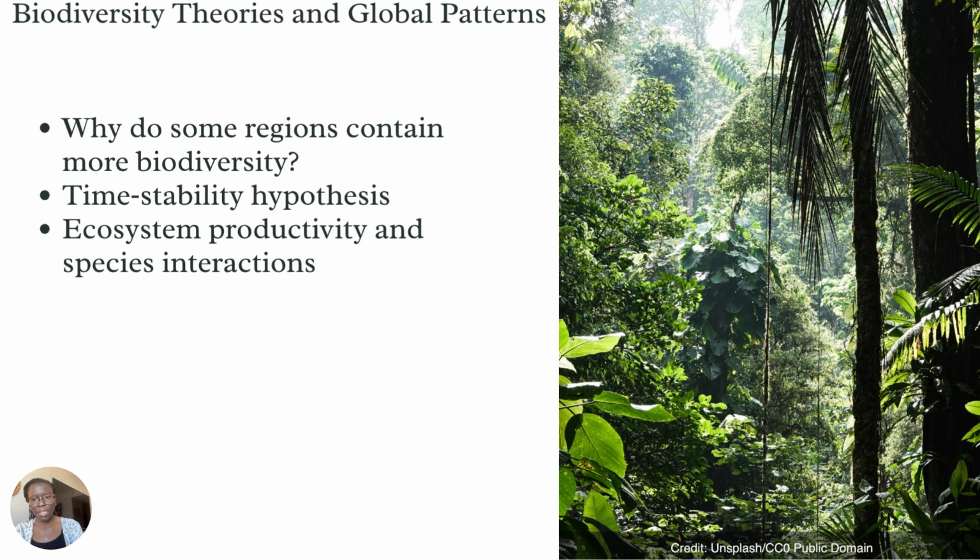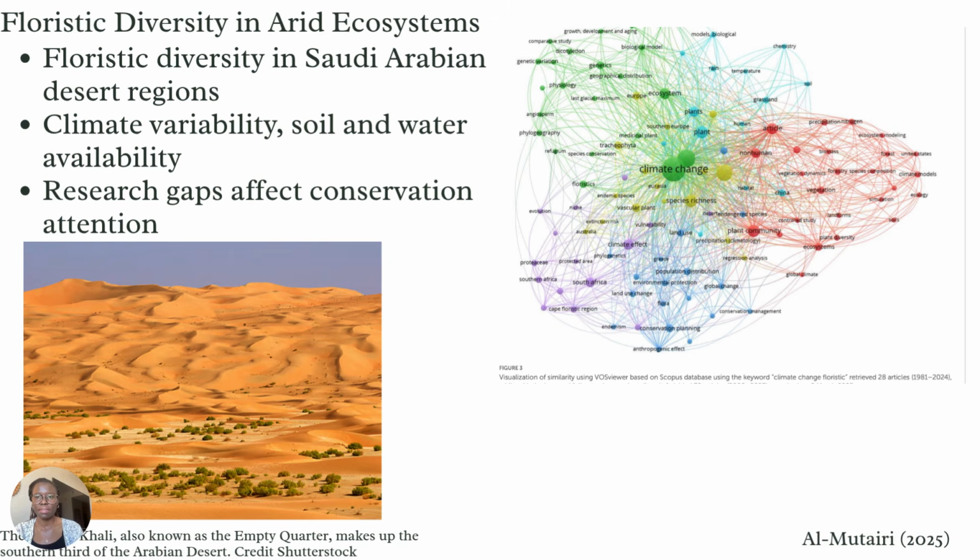And the theories become clearer when we look at the particular ecosystems covered in the readings. Al studies plant diversity in the dry regions of Tabuk and Qulais in Saudi Arabia. Deserts might seem simple at first, but this study shows they support varied plant communities determined by climate, soil, and water.